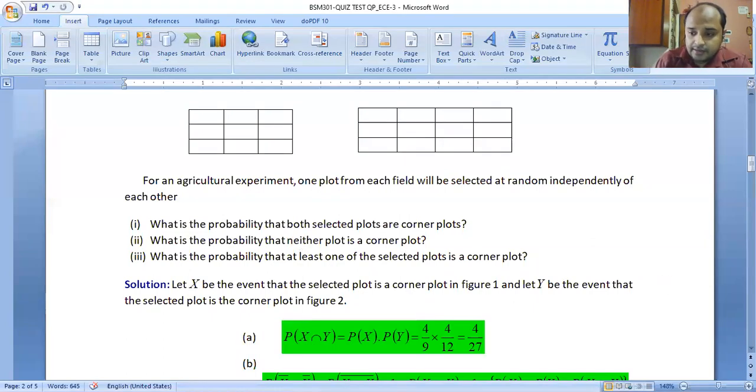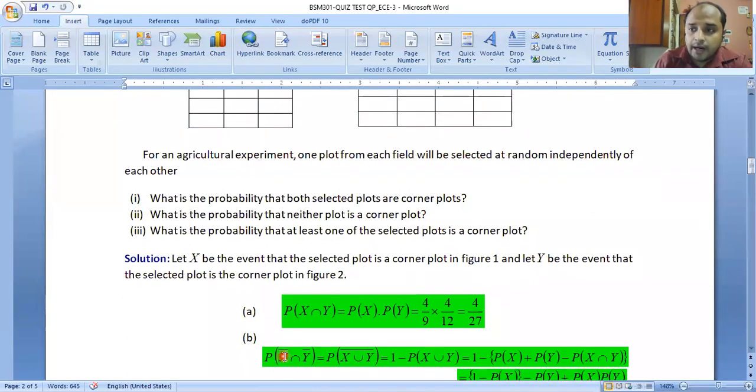So that means you are supposed to find probability of X bar intersection Y bar, complementary event to X intersection complementary event to Y. And by De Morgan's law of set theory, X bar intersection Y bar is nothing but the complement of X union Y. So probability of the complement of A is 1 minus P of A. So probability of the complement of X union Y will be 1 minus probability of X union Y.